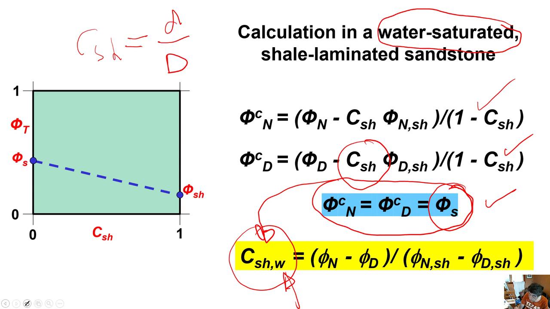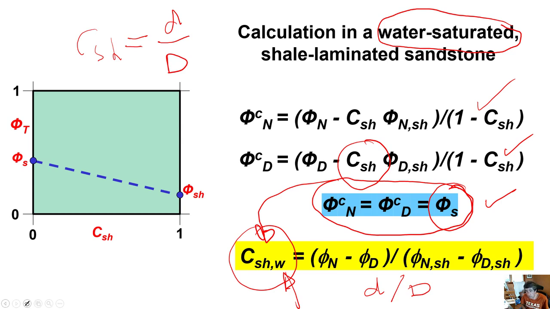And then you get this equation, which essentially is the equation that has lowercase d over uppercase d. That's what it is. So it comes from there, from the correction that we applied in a shale-laminated sandstone for both neutron and density logs, and we know that if the correction was done properly, then at the end both corrected logs should be the same, equal, and that will be the sandstone porosity.